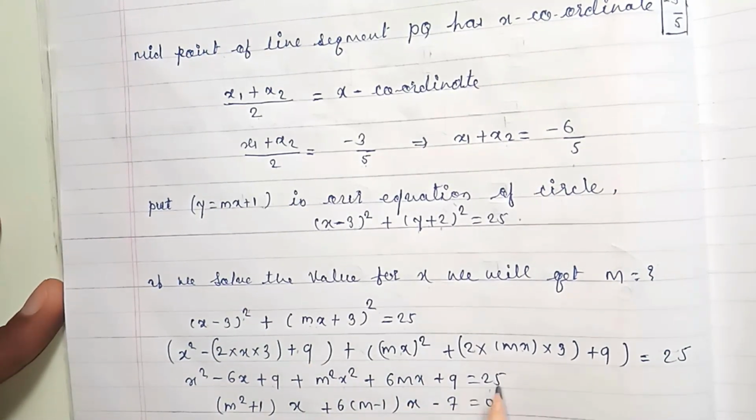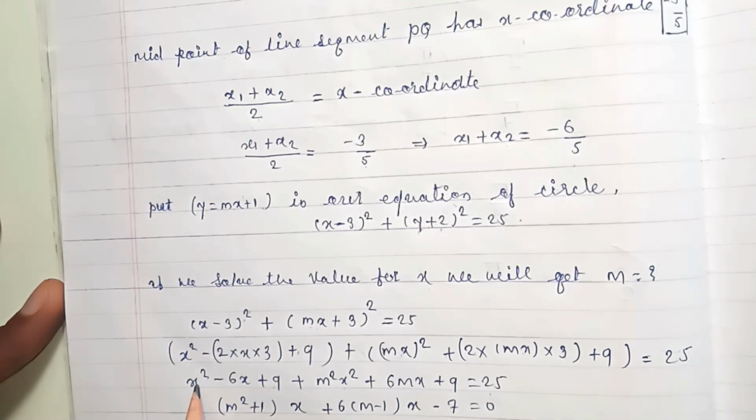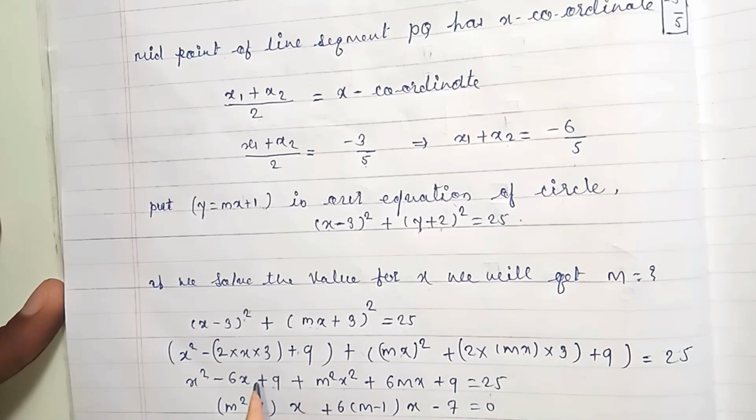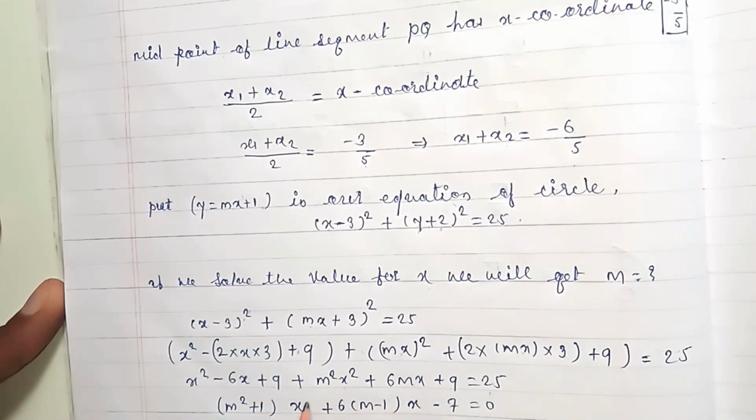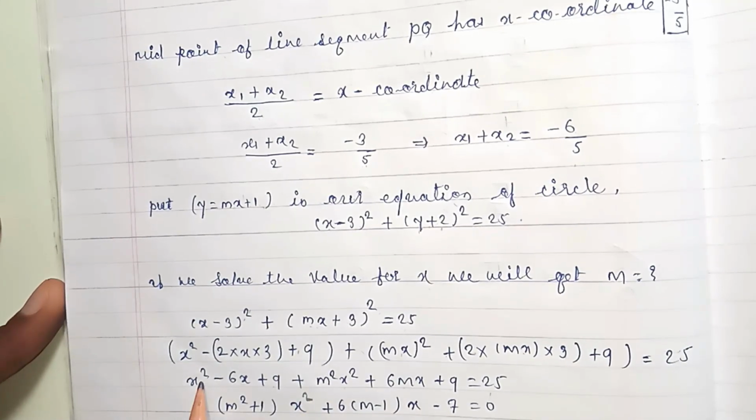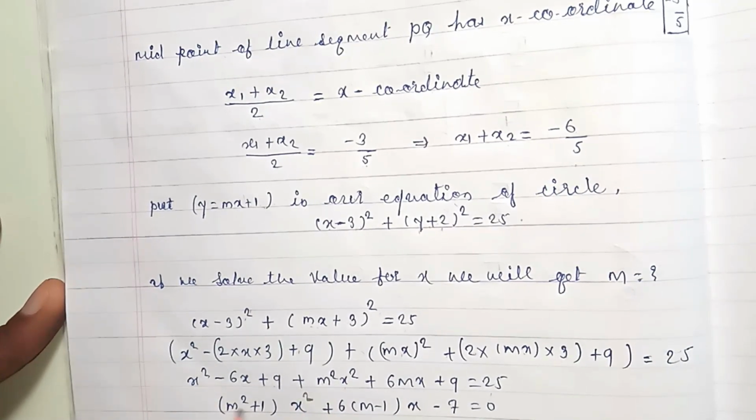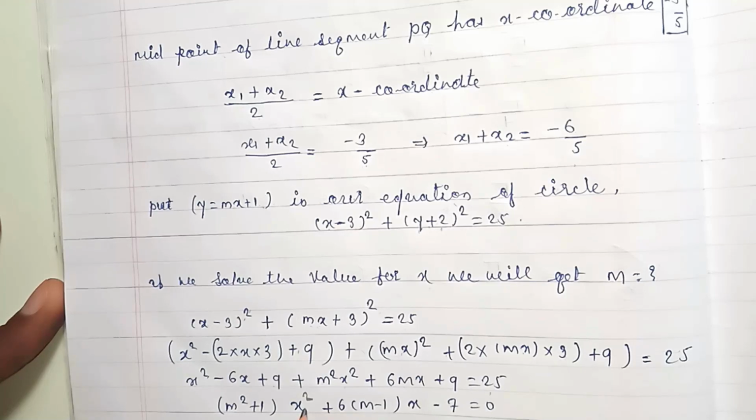Now solve this again one more time. Take the x terms together and the similar terms together. We can see x square and x square are common, so we take x square common, and the remaining term is m square plus 1, so (m square plus 1) x square.